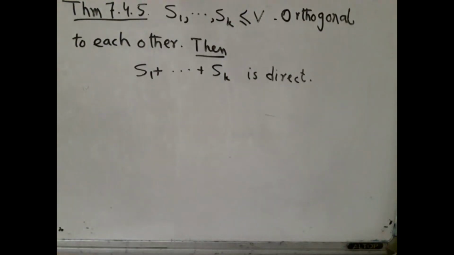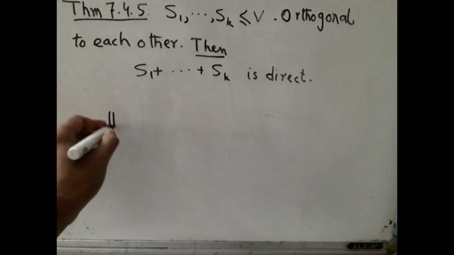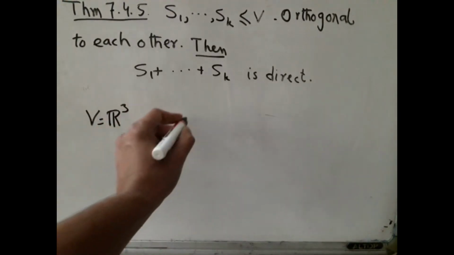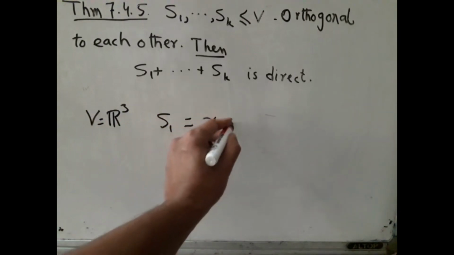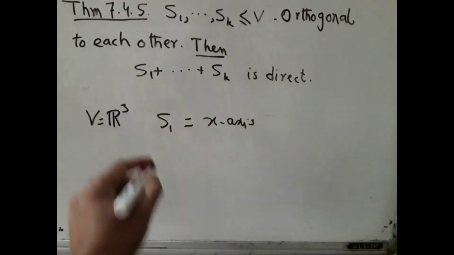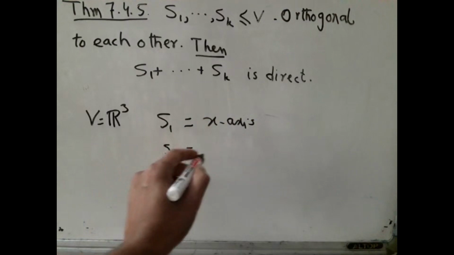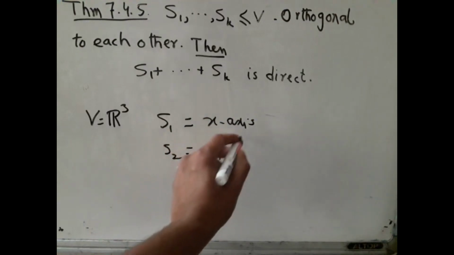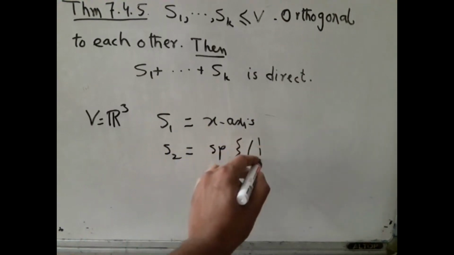So first, quickly remember what the definition of a direct sum is and what the intuition is. Here is one example. Suppose I am working with V equal to R3 and I take S1 equal to just the x-axis, and S2 equal to the x equal to y line, which means the span of (1, 1, 0).